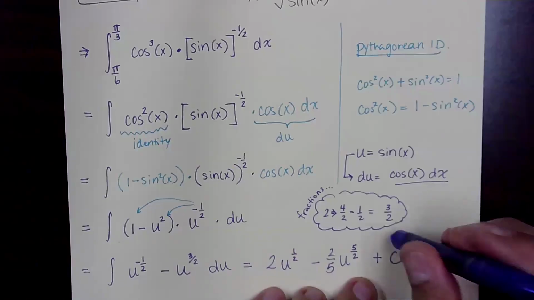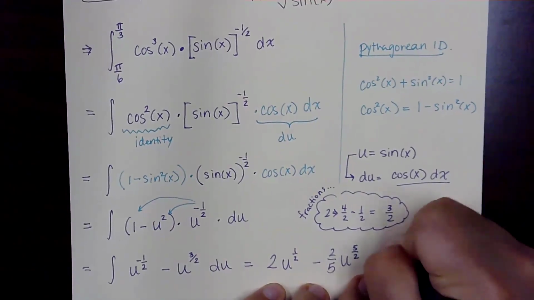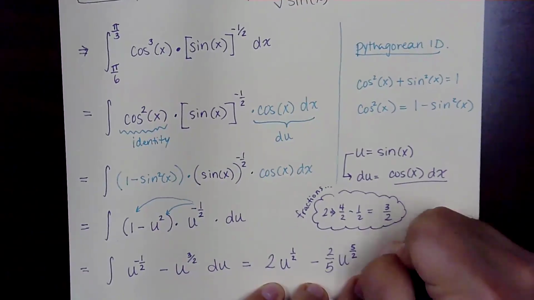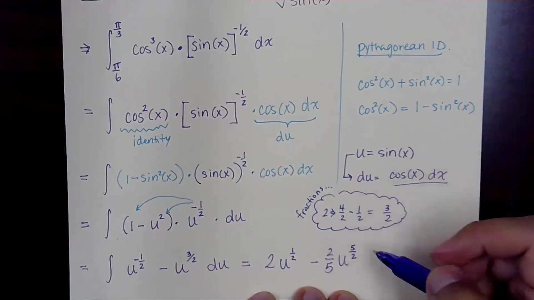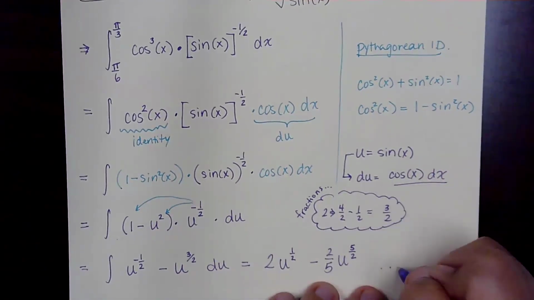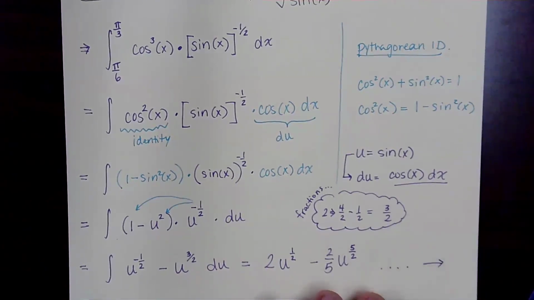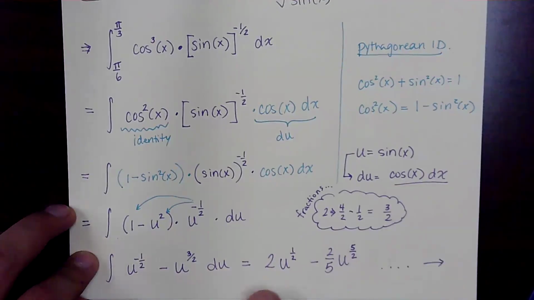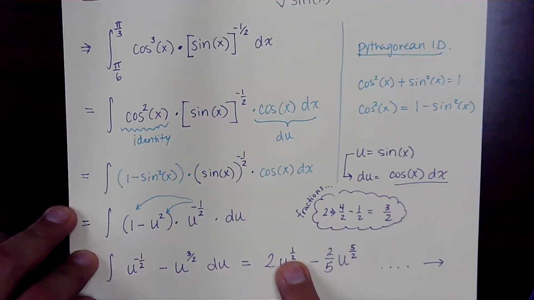Oh yeah, not plus c, right? Because we're not doing an indefinite integral, right? We're not looking at a family of functions. We're actually going to evaluate this, but we'll go ahead and do that on the next page since I've run out of space here. Okay, so this will be 2 sine to the 1/2 power, and this will be negative 2/5 sine to the 5 over 2 power.